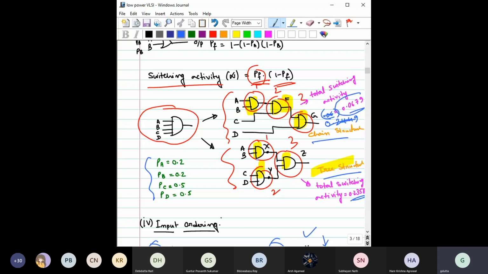But can I make a general conclusion, right, that for tree structure the switching activity would always be higher? The answer is no, because this again depends on the values of PA and PB. So if you change the value of PA and PB, then probably for this you could get lower alpha compared to this.